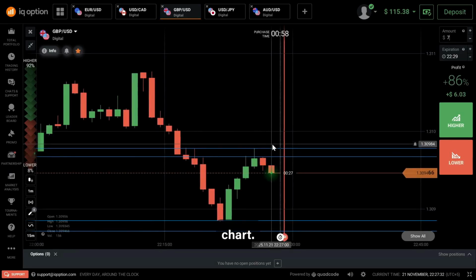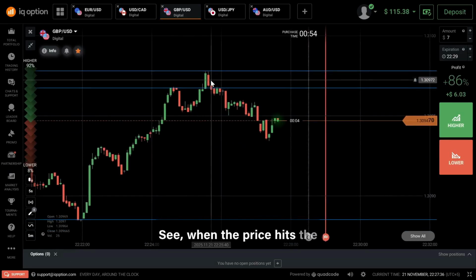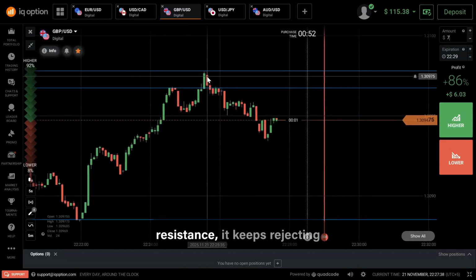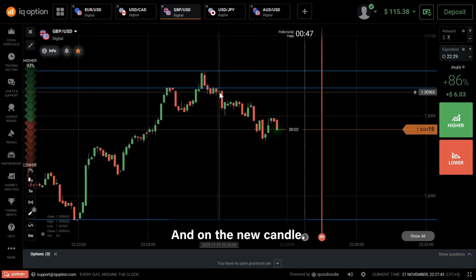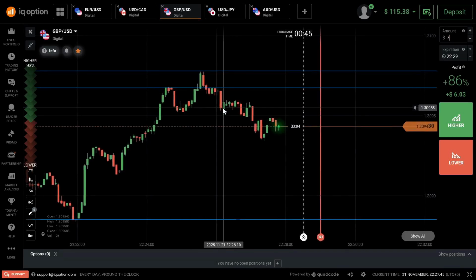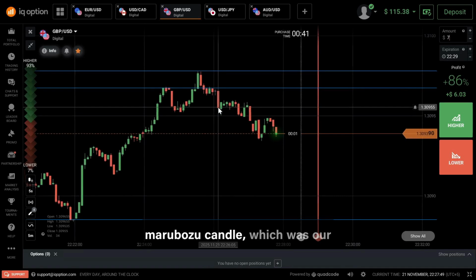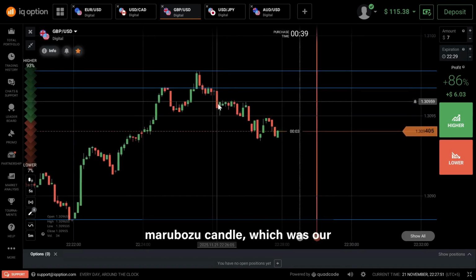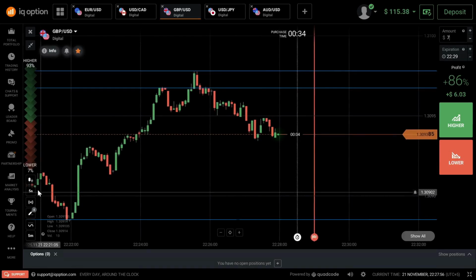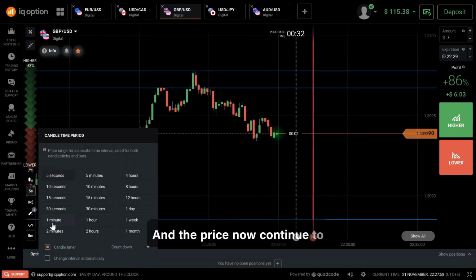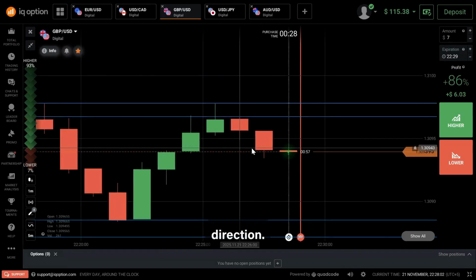On the 5 seconds chart, see when the price hits the resistance, it keeps rejecting back. And on the new candle, we got this big candle here, a Marubozu candle, which was our confirmation. We placed our trade here and we won the trade. And the price now continues to go in the downward direction.